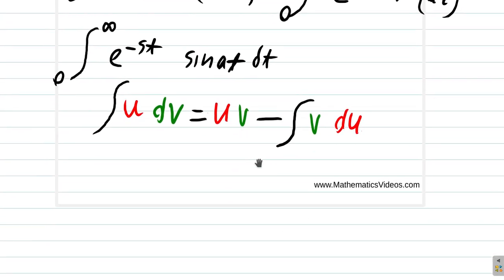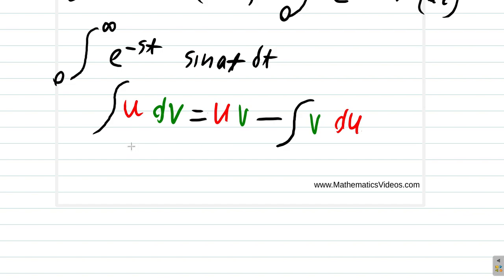Now, here, let's use e to the negative st as u, so that we'll have the s multiplying each time we go through the cycle.